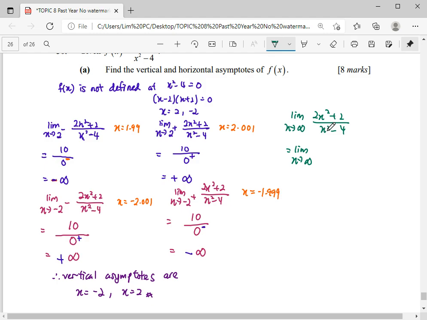From the denominator here, it will be x squared. So we will divide every term by x squared, and we simplify our function.